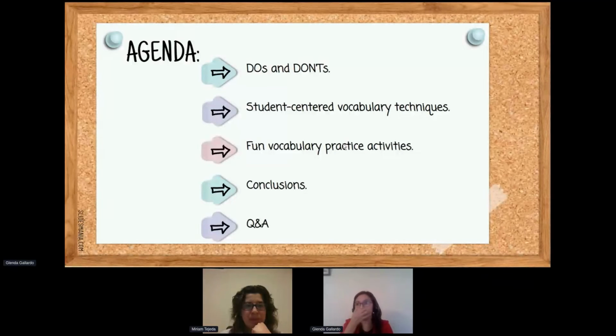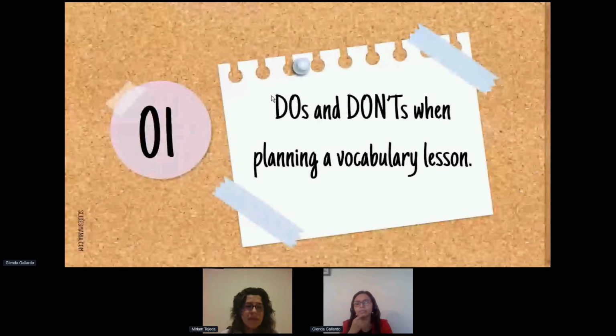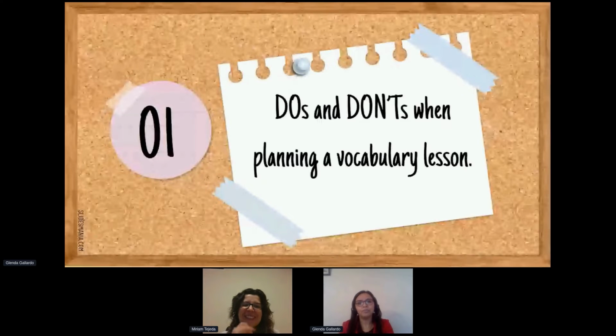So first of all, the do's and don'ts will be in a Kahoot. Yes, if you look to the right side of the screen, you're going to see an option to play Kahoot there. This Kahoot has to do with the do's and don'ts when planning a vocabulary lesson, all right?